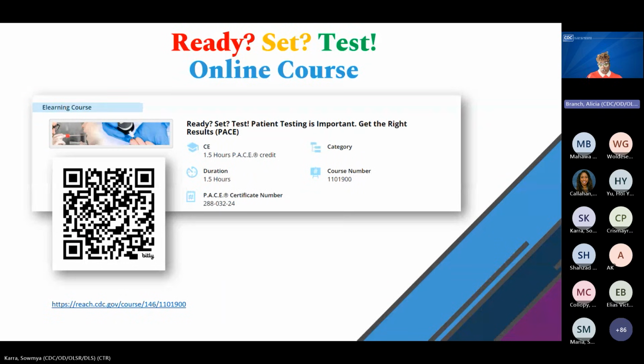Now, the booklet includes forms and logs that can be used regardless of the point-of-care testing methods or the location where tests are conducted, as well as a self-assessment checklist for best testing practices. The booklet and the checklist can be downloaded or obtained in hard copy by clicking the link in the chat.